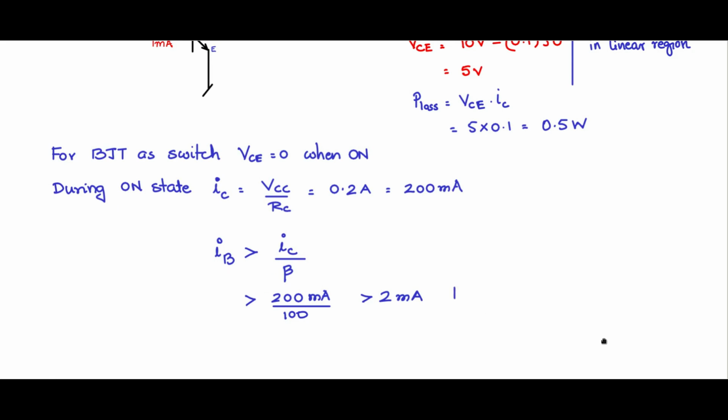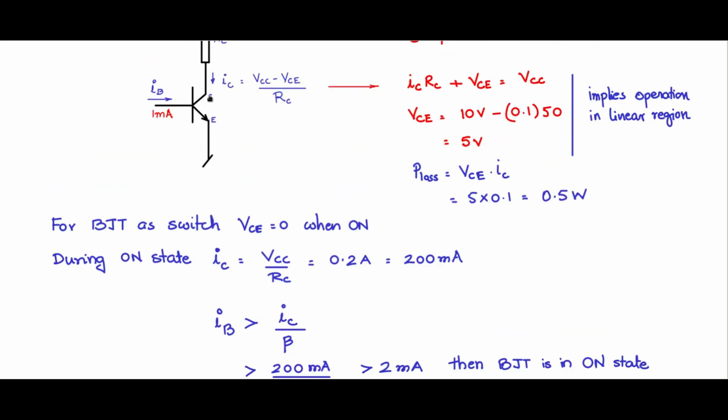So if you now apply a value of IB greater than 2 milliamps, then the BJT will be in the on state, which means the BJT will be in the saturation state, where the voltage drop across collector to emitter will be 0 in the ideal condition, or a very small value in a practical condition.